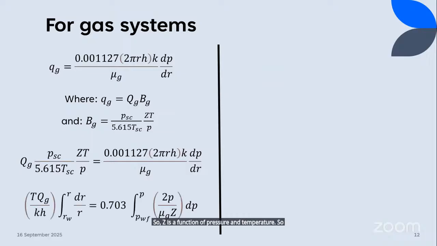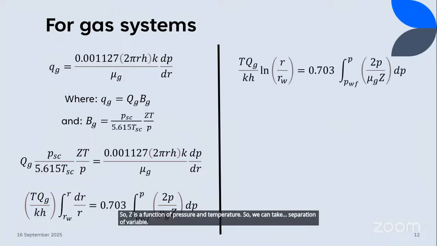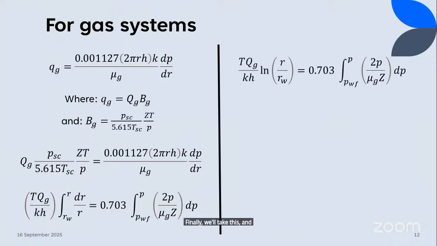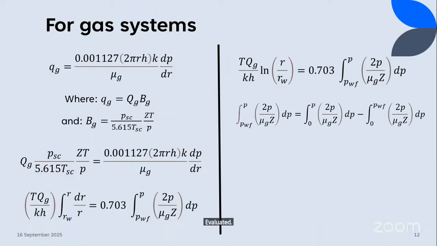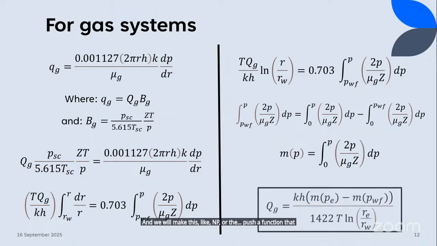So we can take separation of variables. Finally, we will see there is a function in the integral that is not easily evaluated. We make this the m(p), or the pressure function, that we use.